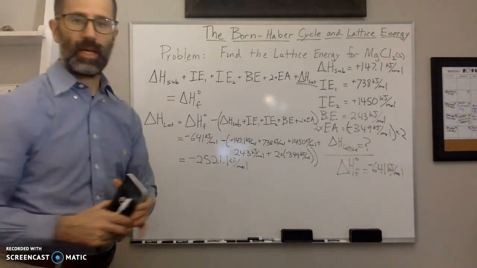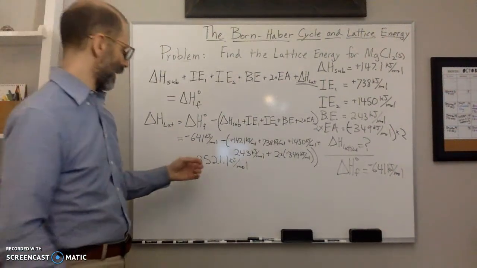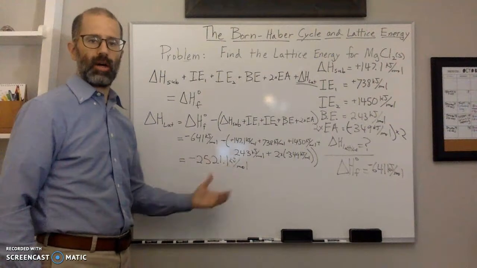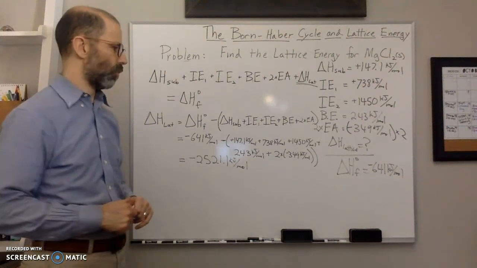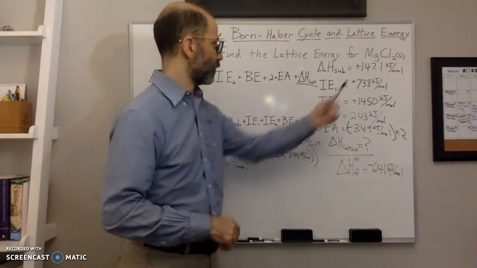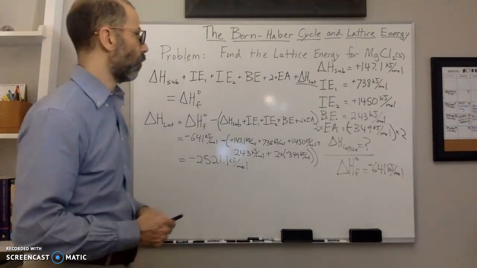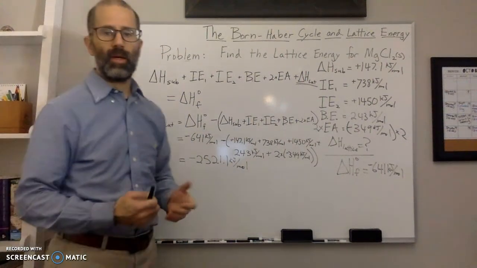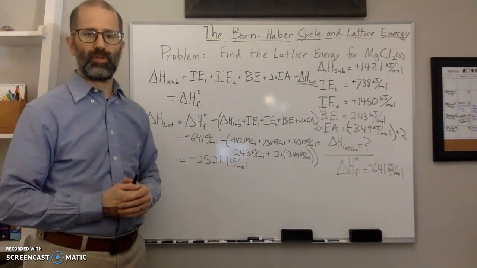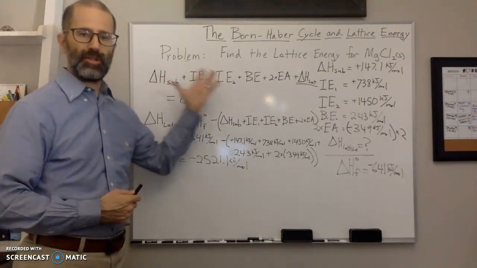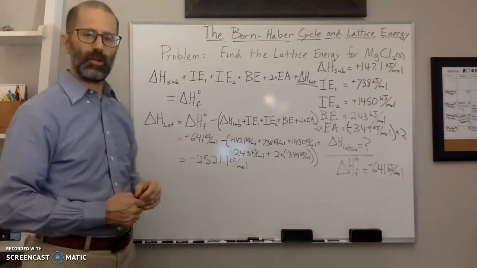And so as you can see, this is highly negative, so very strong lattice energy for this, most likely due to the fact that you have a positive 2 for your magnesium. So I hope this was helpful. As you can see, the steps are fairly straightforward.